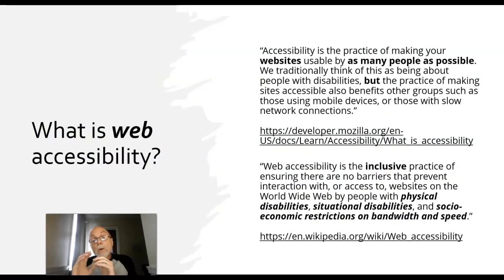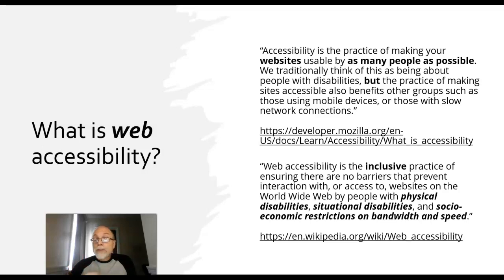So when we talk about web accessibility, we have two different definitions here. One provided to us by an excellent resource, the Mozilla Developer Resource. If you've never heard of that, you need to at least know that that exists. It's a great repository of all manner of web-related standards.